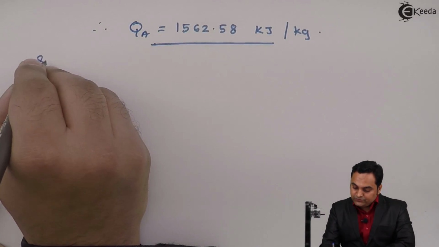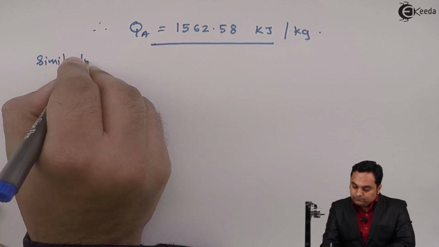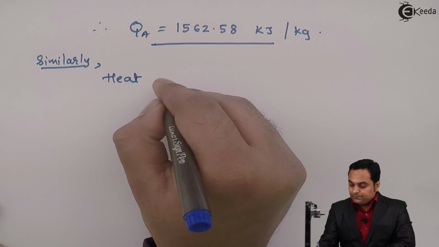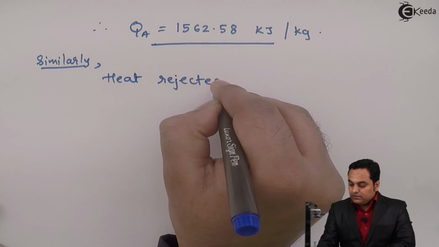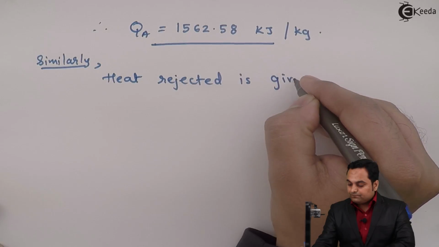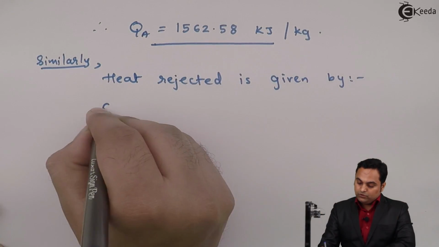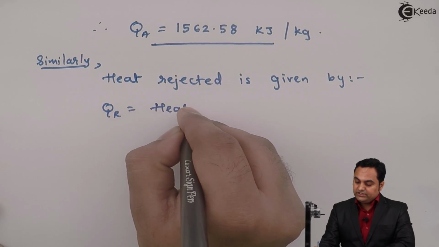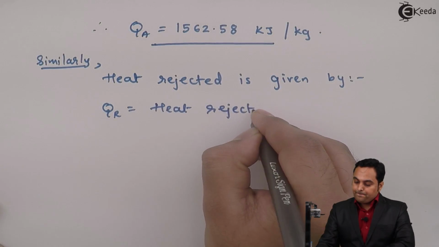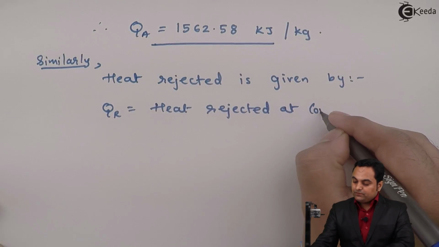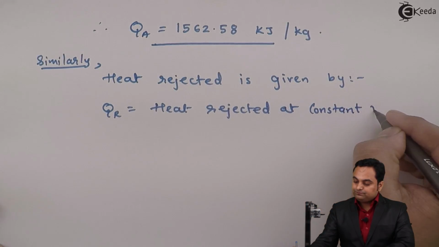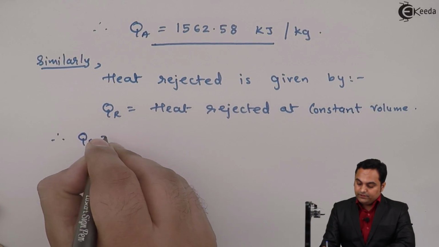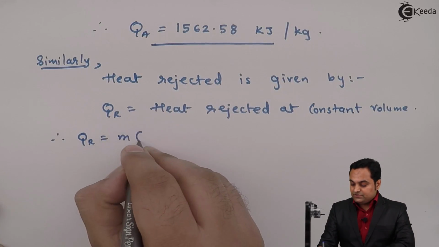Next, I'll write down similarly heat rejected is given by Q suffix R is equal to, since the heat is rejected at constant volume, we have heat rejected as m Cv.